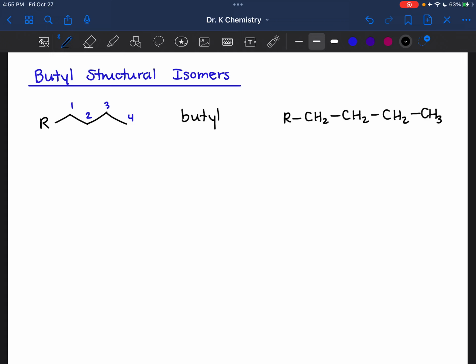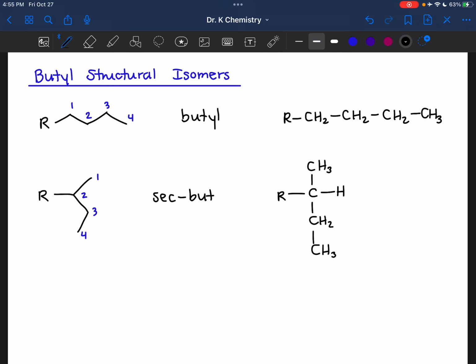But they can take on different structural isomers. So instead of connecting the main chain to the alkyl group through this first carbon, let's say I connected through carbon 2, and I get something like this. And I can represent that in a condensed structural format as well. So you may want to spend some time practicing converting these from line angle formulas to condensed structural formulas. Now in this case, I call this sec-butyl.